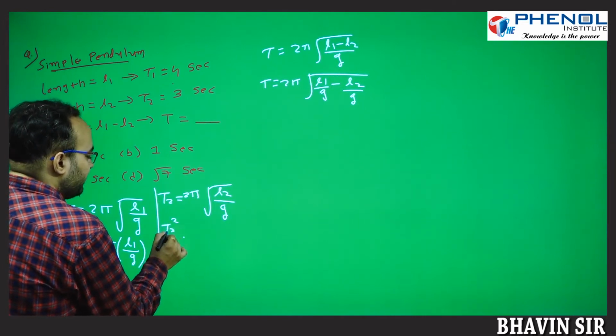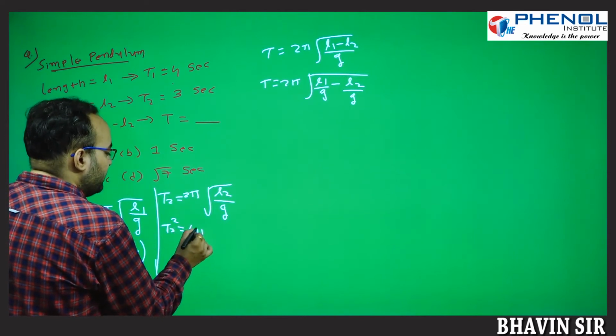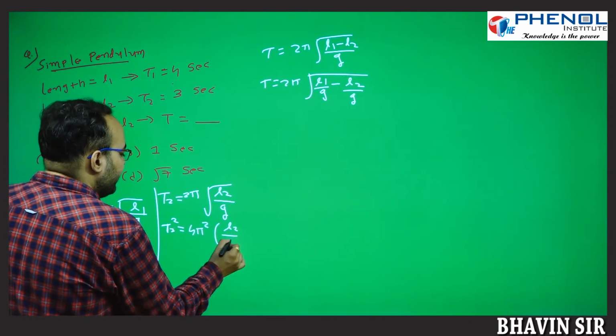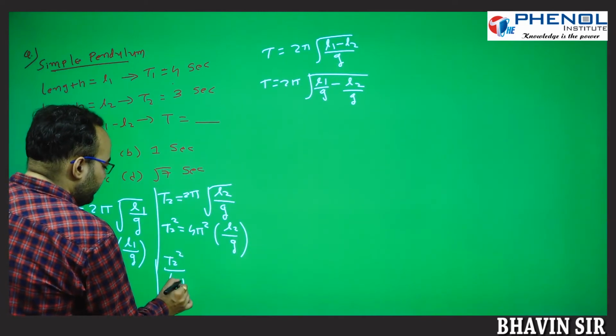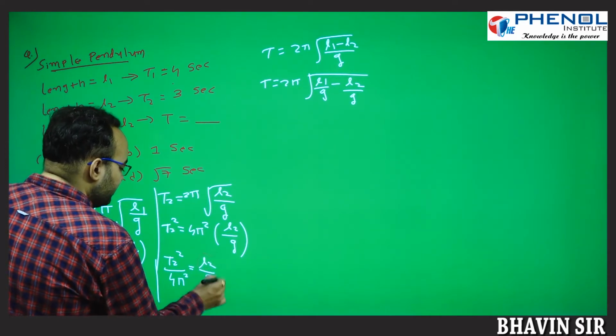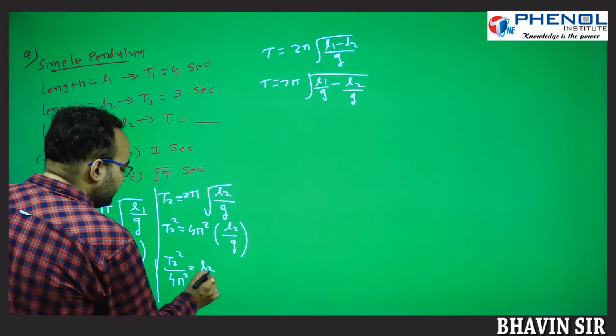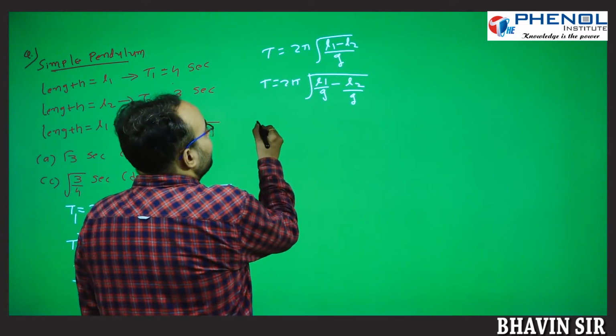Similarly T2 square is equal to 4 pi square L2 by g, so T2 square upon 4 pi square is equal to L2 by g. Right, so the value of L1 by g is T1 square by 4 pi square, and the value of L2 by g is T2 square by 4 pi square.